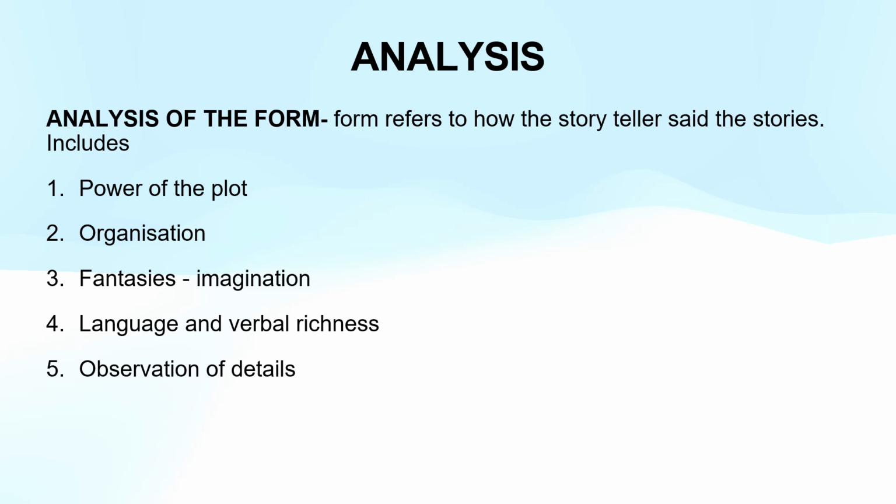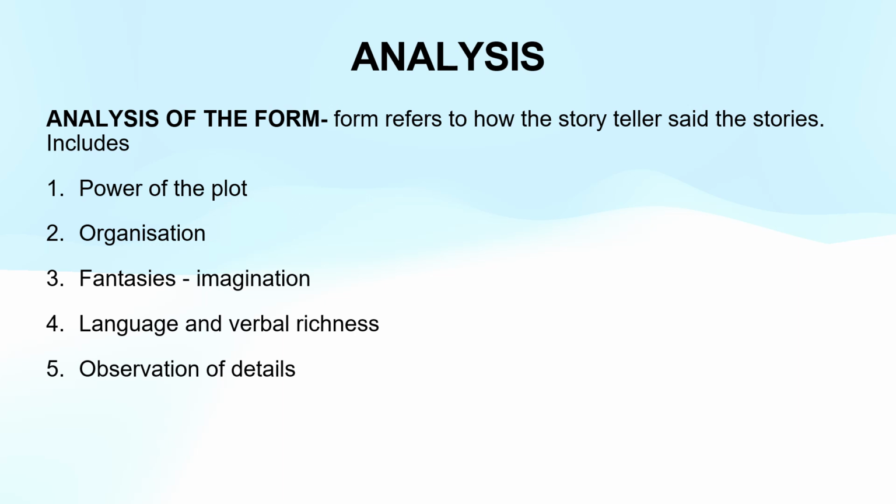Now comes the analysis part. Majorly you have to analyze the form, analyze the content, analyze the needs, then put everything together and arrive at a final form. The analysis of form refers to how the storyteller told the stories, how the story was narrated.